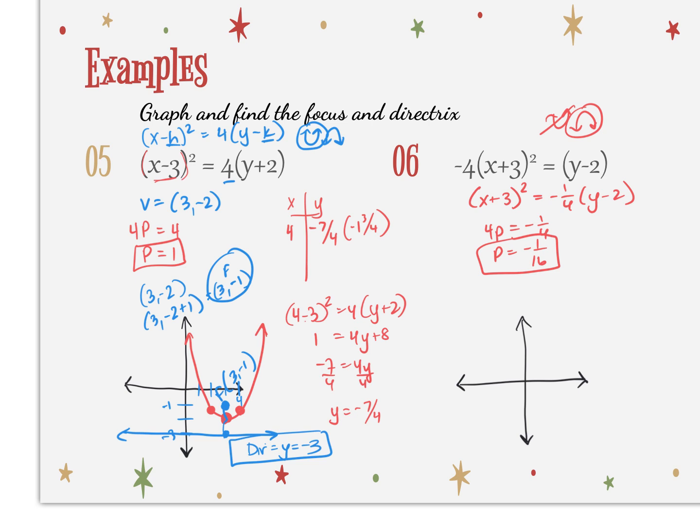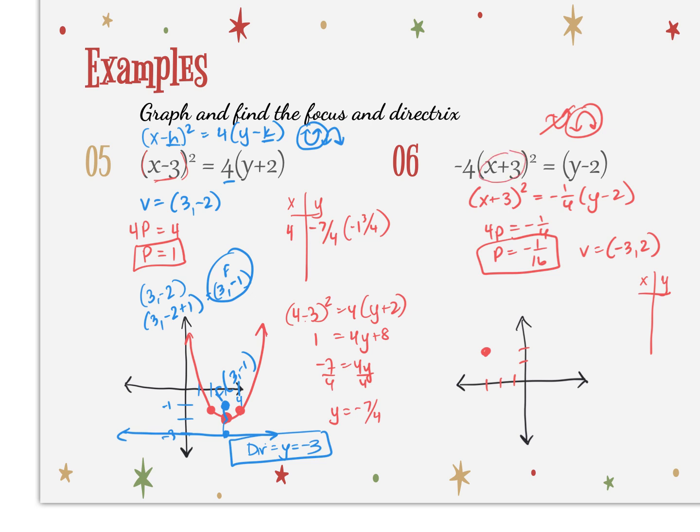Okay, and I know that my vertex is located at negative 3, positive 2. So 1, 2, 3, 1, 2. So my vertex is here. And my graph opens down. I'm going to just plug in a value here. Again, when I do that, I'm going to think of a value that would make this equal to 1.